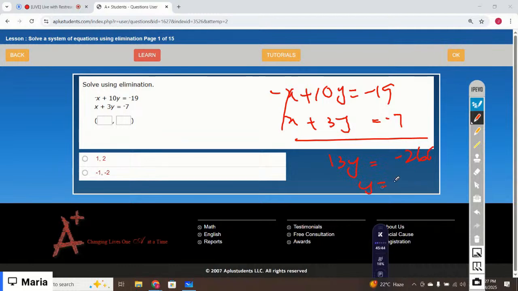So y equals negative 2. Now put this y equals negative 2 in any of the equations and calculate the value of x.